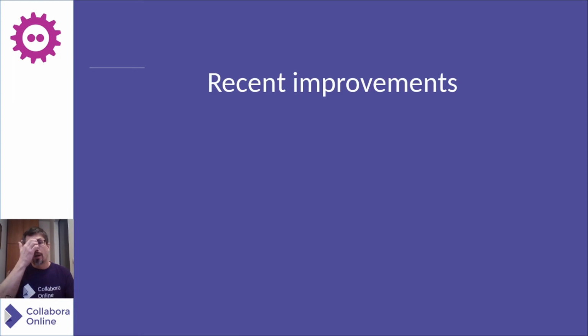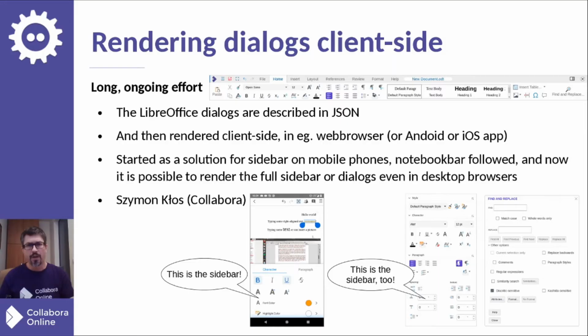And so let me talk also about some recent improvements in the LibreOfficeKit, because lots of the developments in the LibreOfficeKit were happening in the last year. One of the biggest things, some kind of ongoing progress, is rendering dialogs on the client side.